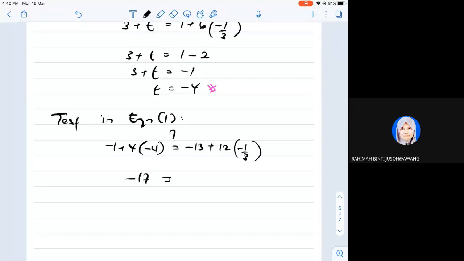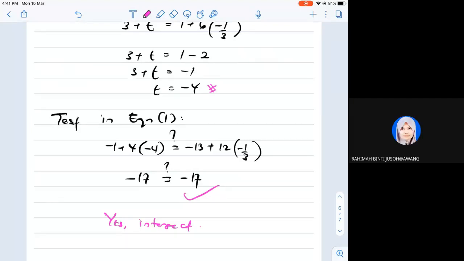Sama tak dengan negative 13, negative 4, kan? Negative 17. Sama. Yes, okay, same. So yes, intersect. Baru kita boleh declare dua-dua lines intersect. Understand?